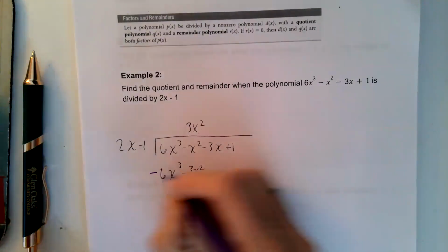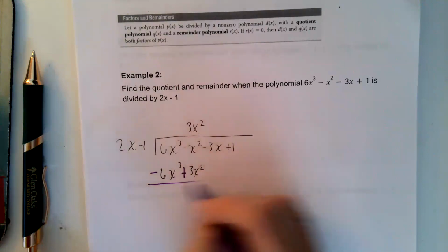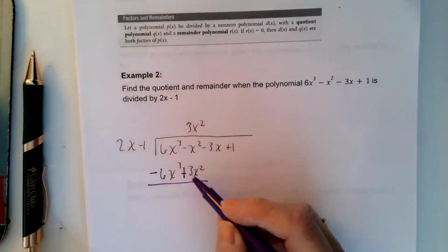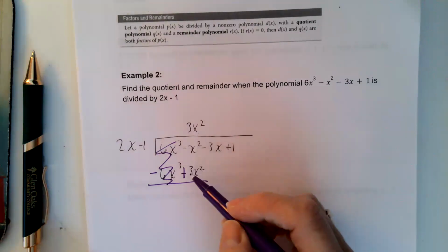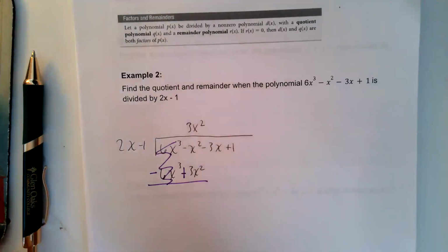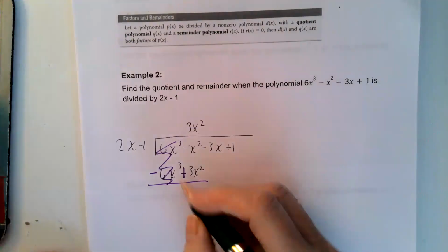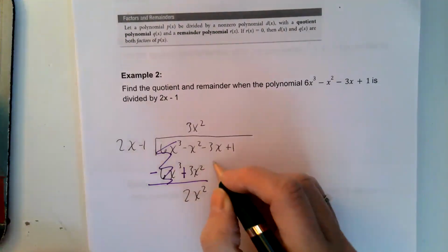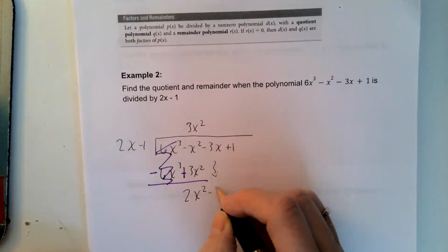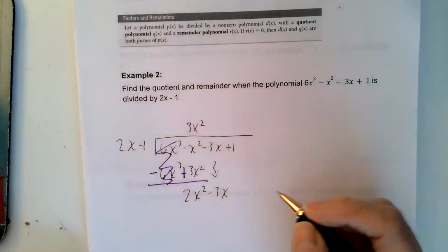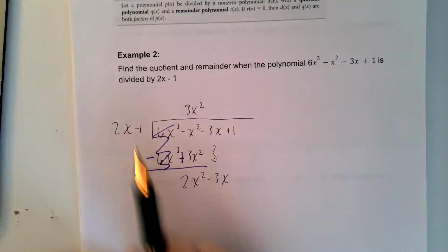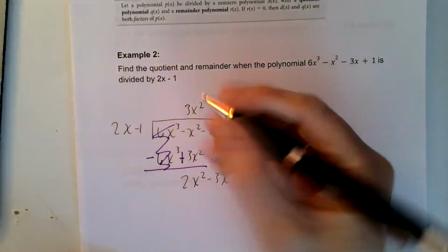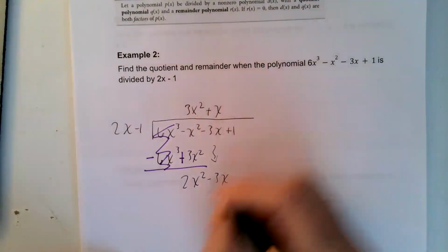So this will be subtracting and subtracting, which changes the sign here. So that goes to 0, a negative x squared plus 3x squared. We end up with 2x squared, and I bring down the next term. So to go from 2x to 2x squared, I just need to multiply by an x.